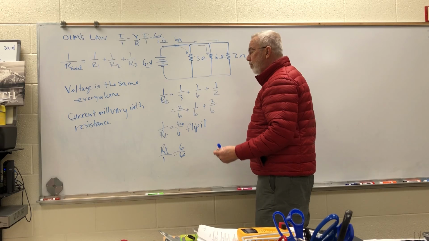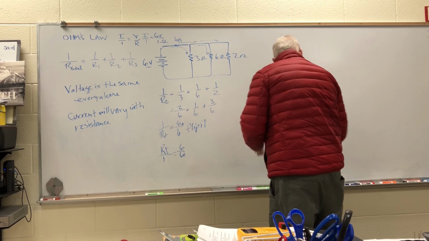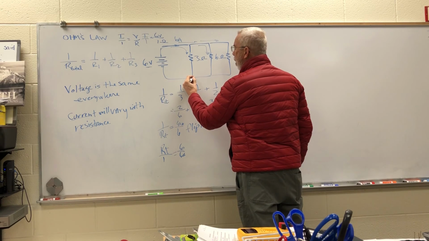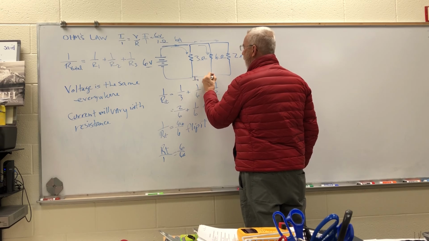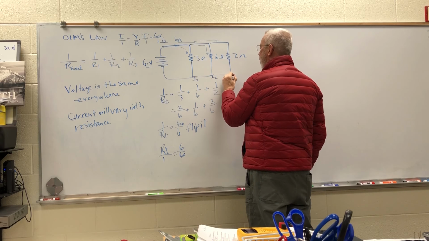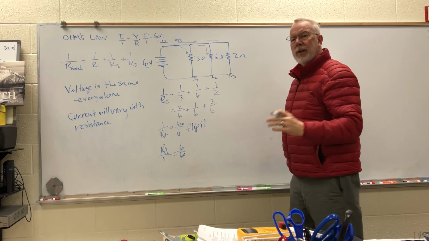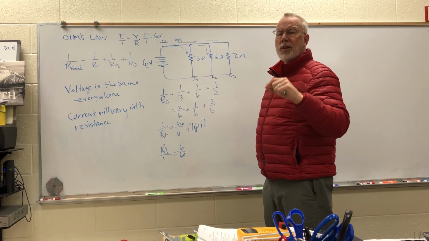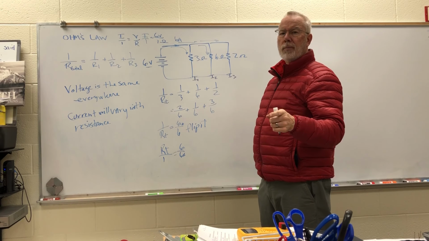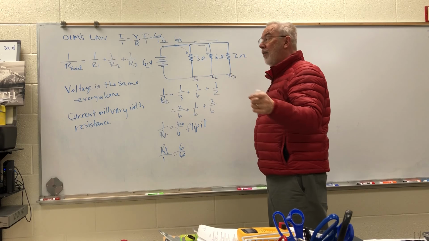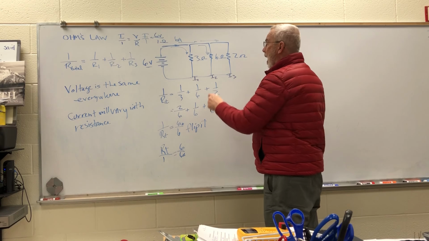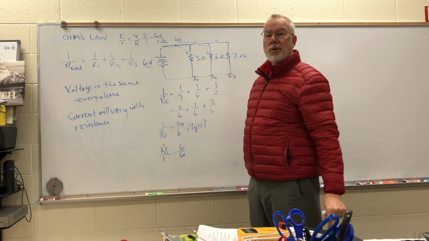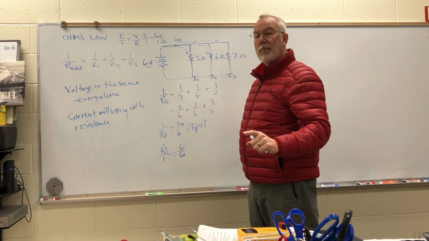Now, if I change colors right quick, and it's not a big color change, we want to solve for I1, I2, and I3. The reason that we do that is because each one of those pathways has a different amount of current. Okay? But another thing that we could say is that I1, I2, and I3 should add up to the total current in the circuit.